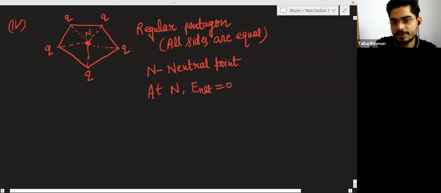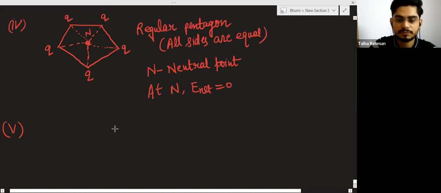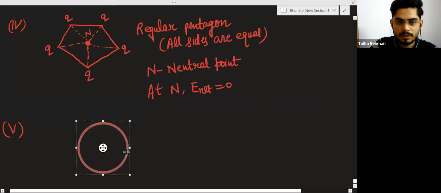This is E net, the net electric field, equal to 0. So here we can also say that at the center of a symmetrical system, the electric field is 0 due to all the charges. These are positive charges, and if you place negative charges here, all negative charges, then also the electric field at this point will be 0.